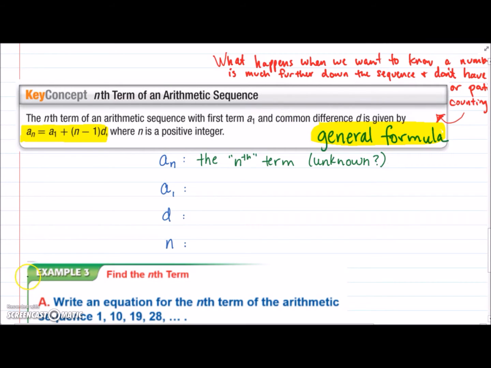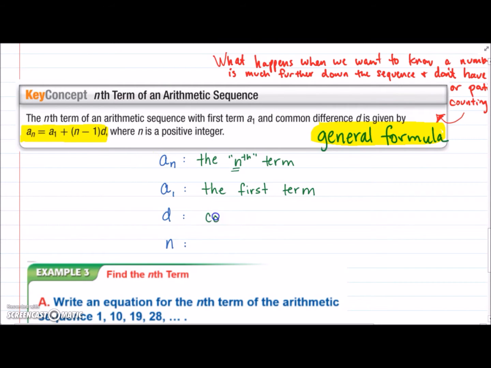A sub 1 is the first term, always. That little 1 means it comes first, the first term. I'm going to erase the word unknown here. Sometimes they will tell you, but basically it's some term far down the line. Whatever n is tells you what term it is.